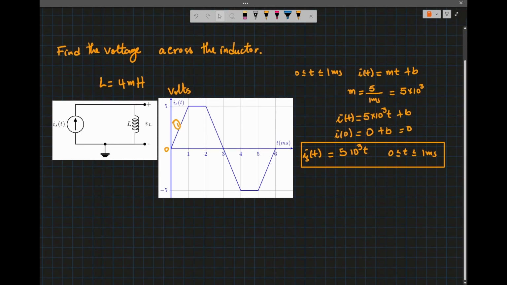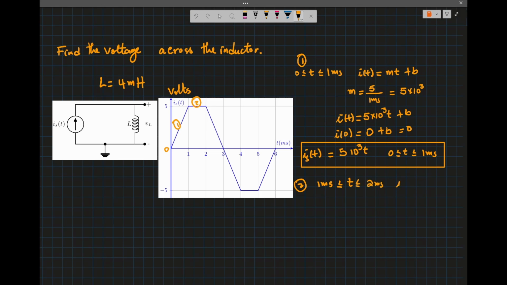Now let's do the second one, for section 2. So this is for section 1. For section 2, when 1 millisecond is less than or equal to t less than or equal to 2 milliseconds, i of t equals 5 amps.